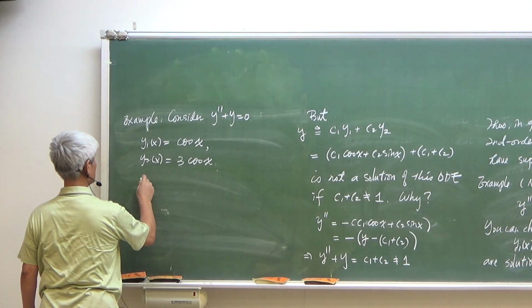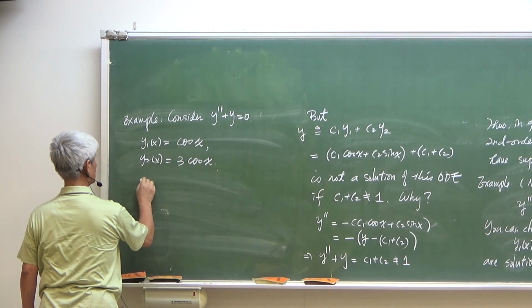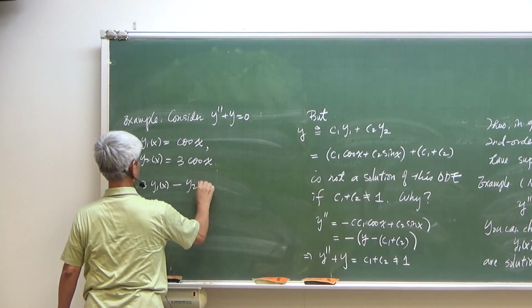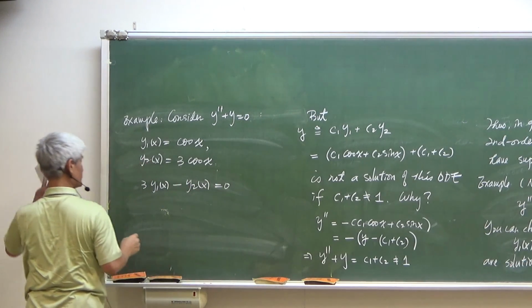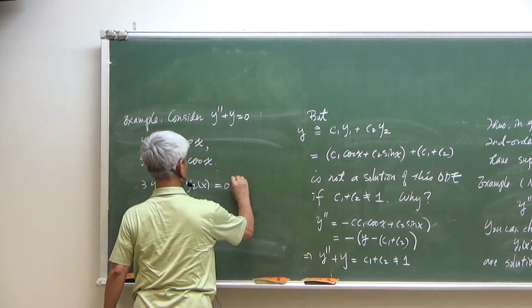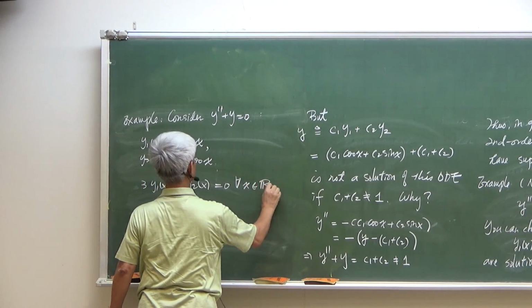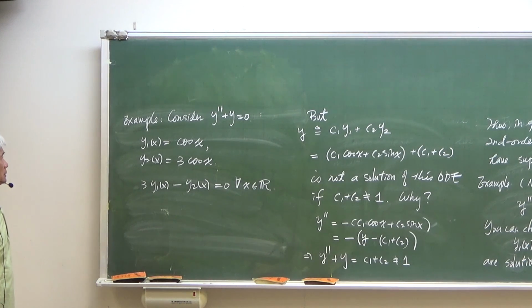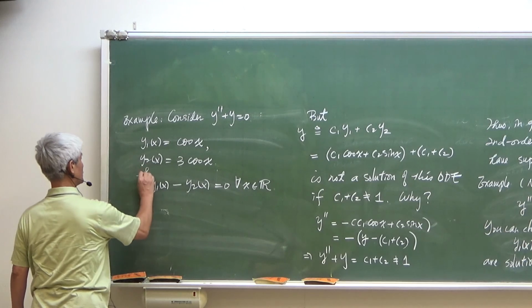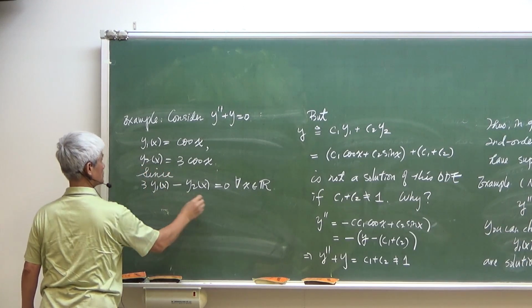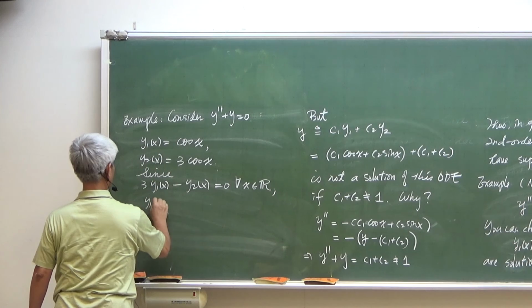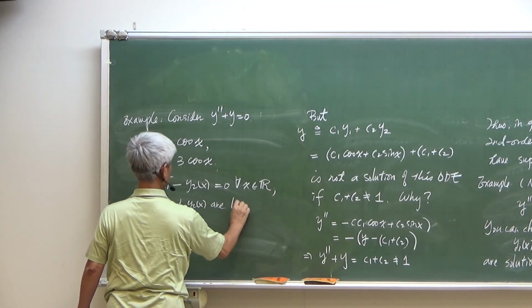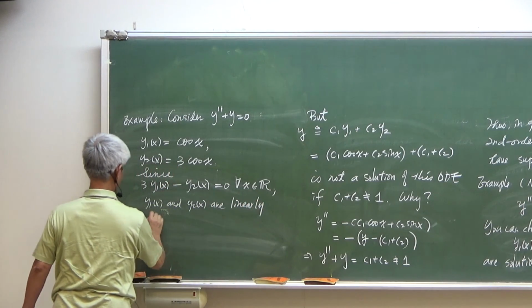Because 3 y1(x) minus y2(x) equals 0 for all x in R. Okay. So in the whole R. So y1(x) and y2(x) are linearly dependent.